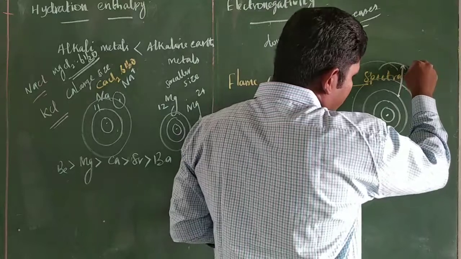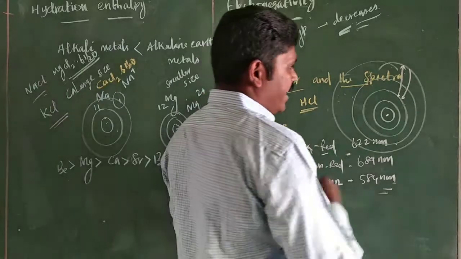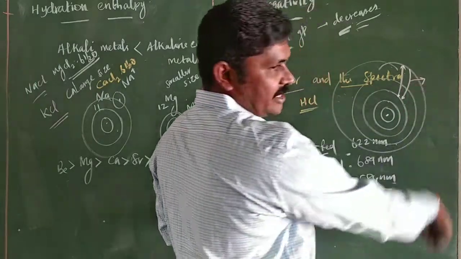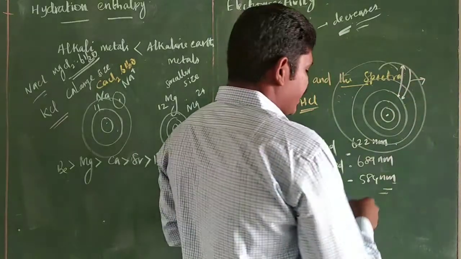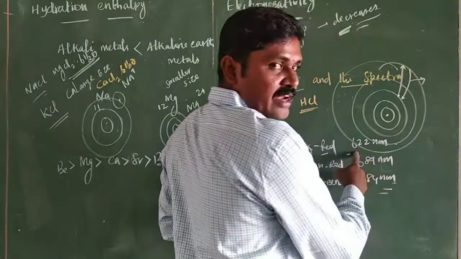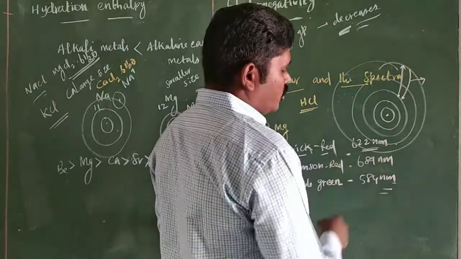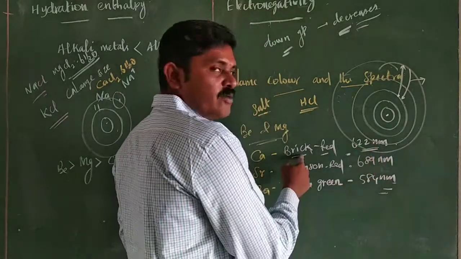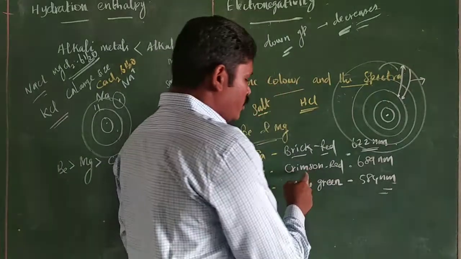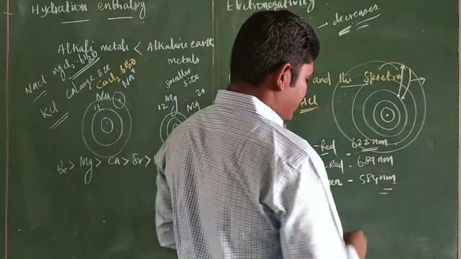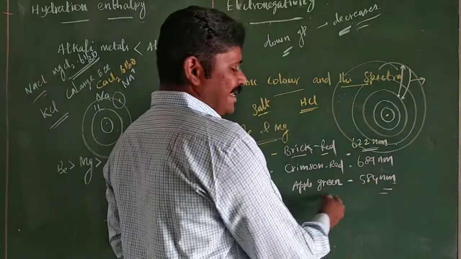When the electron returns to its original place, it emits the excess energy in a different wavelength region to give color. At 622 nanometers, calcium gives brick red color. At 689 nanometers, strontium gives crimson red color. At 584 nanometers, barium gives apple green color.